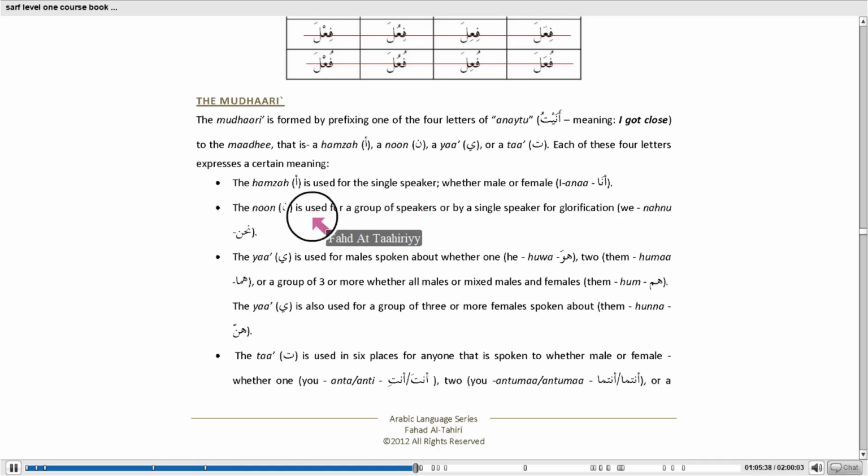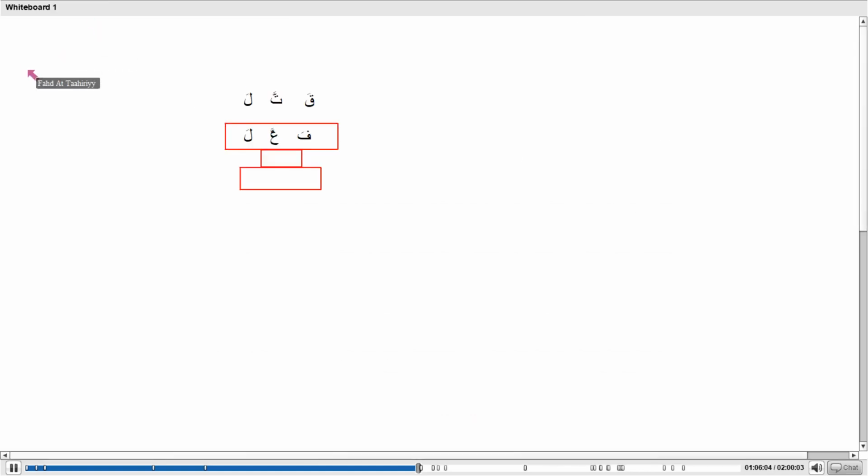So this noon, when it comes in the beginning of a word started with those 4 letters, it has to be with those 4 letters when they are extra. Got it? Don't confuse this: what is meant is not that any word having those letters in the beginning is going to be a mudari'.